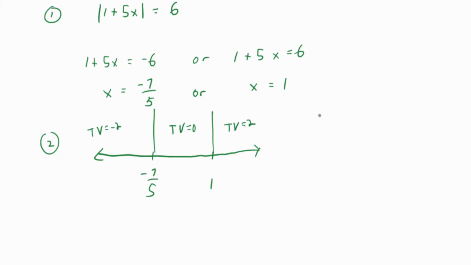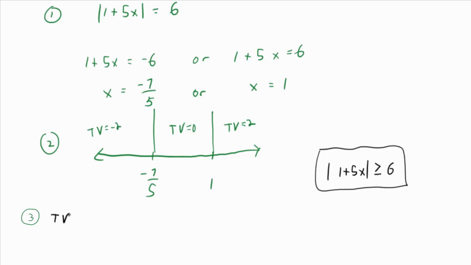So now the simplified version of that inequality was the absolute value of 1 plus 5x is greater than or equal to 6, right? So this is what we're plugging into. Okay, what happens when you plug in a test value of negative 2? Do you get a true statement? Well, you get the absolute value of 1 plus 5 times negative 2.